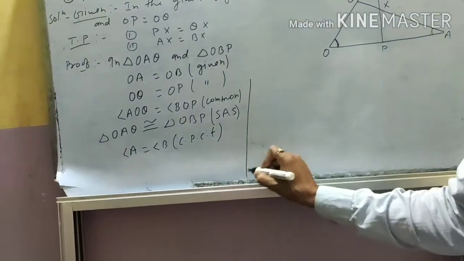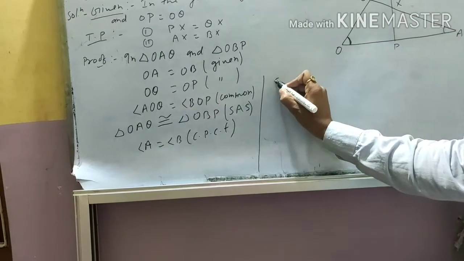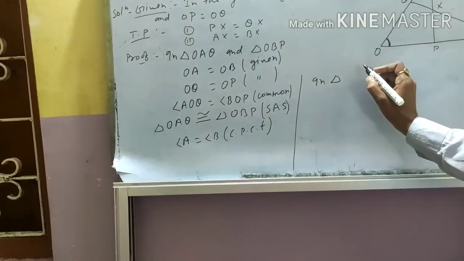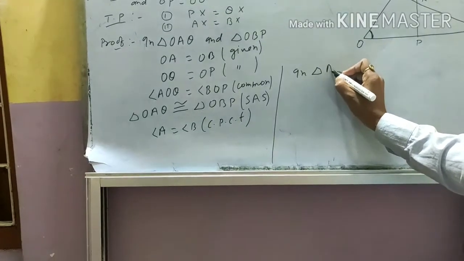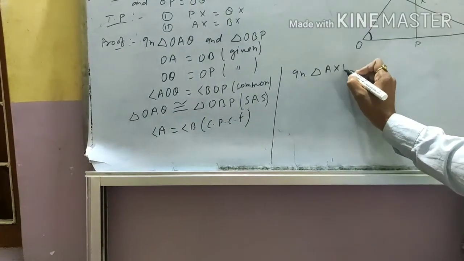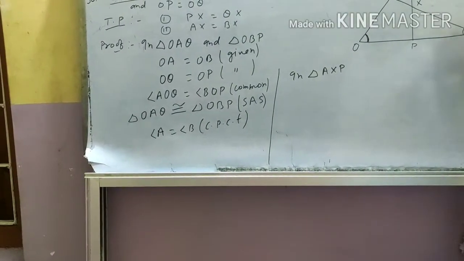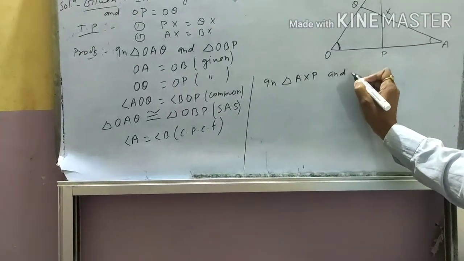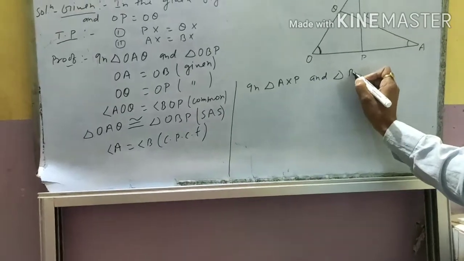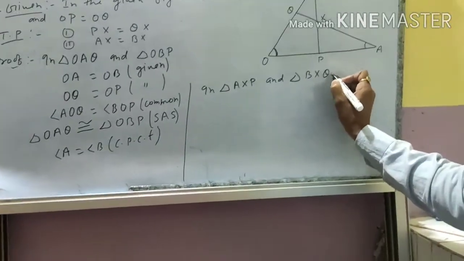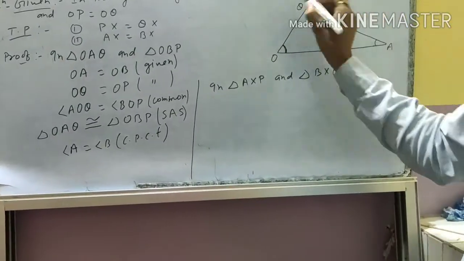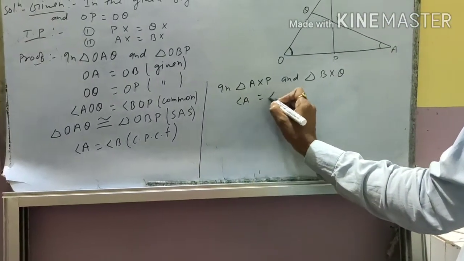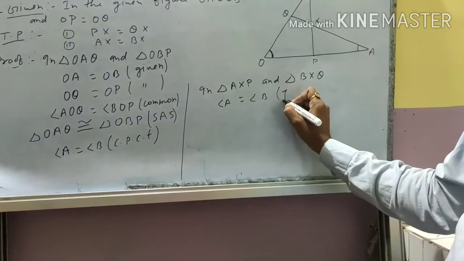Again, a small triangle. In triangle AXP and triangle BXQ, in these two triangles, angle A is equal to angle B, just proved.